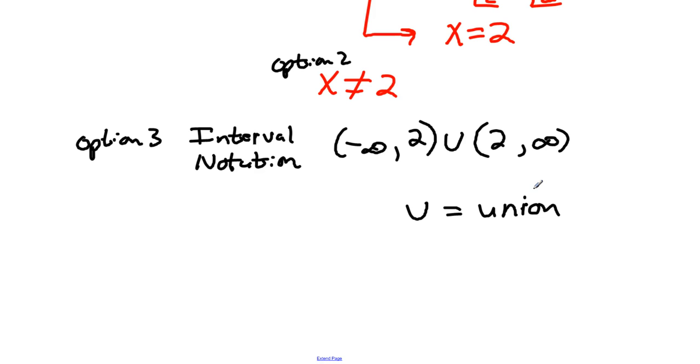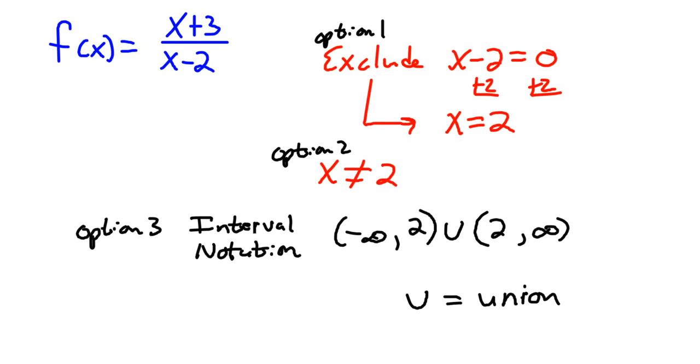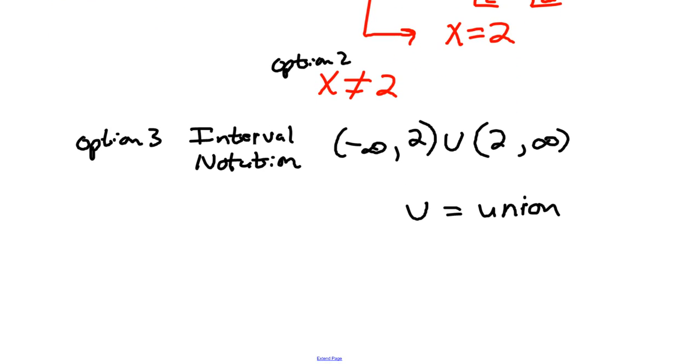Okay, so they give you a fraction problem where they have you go back and tell me what the excluded value is, and then usually the next problem after that, we could take that same function that we had there, x plus 3 over x minus 2.